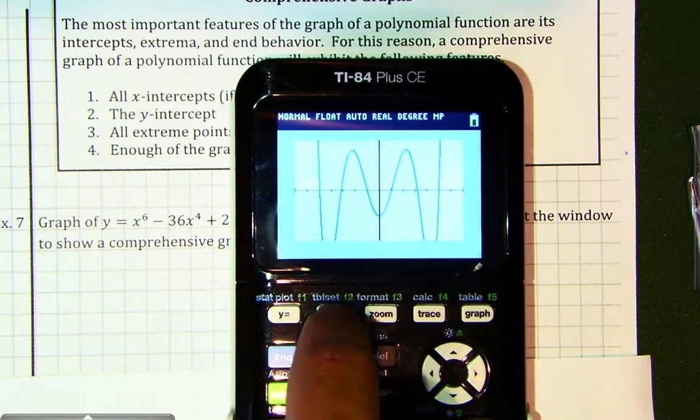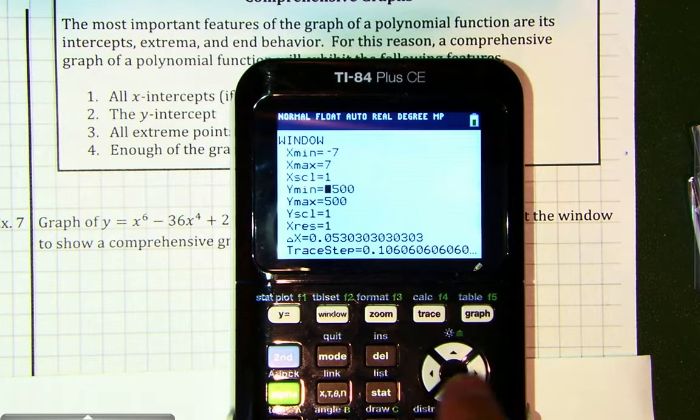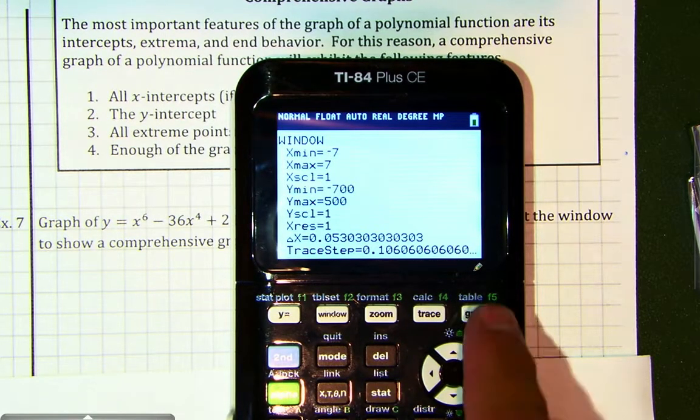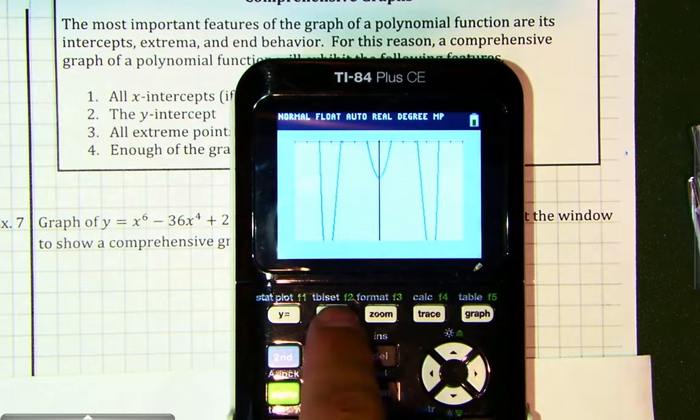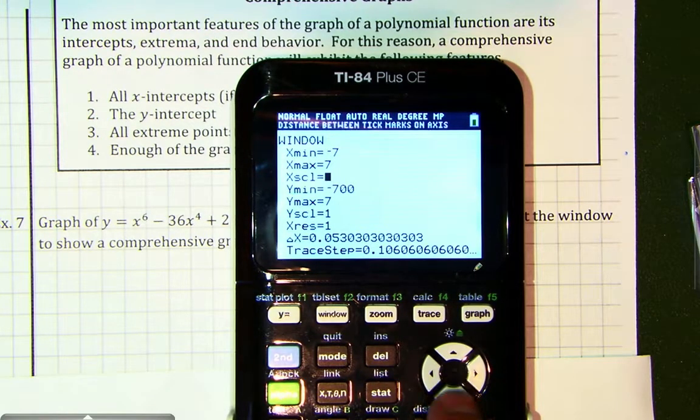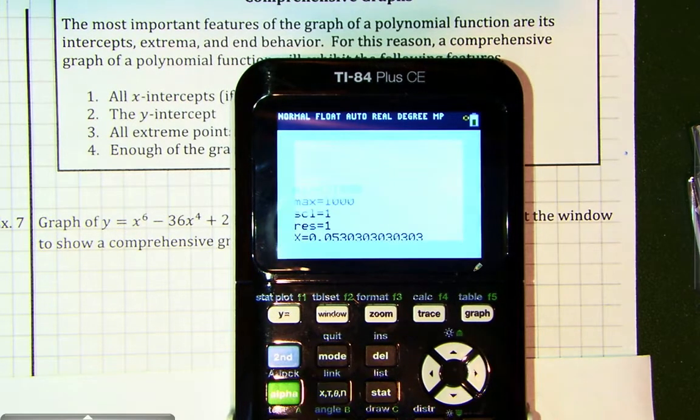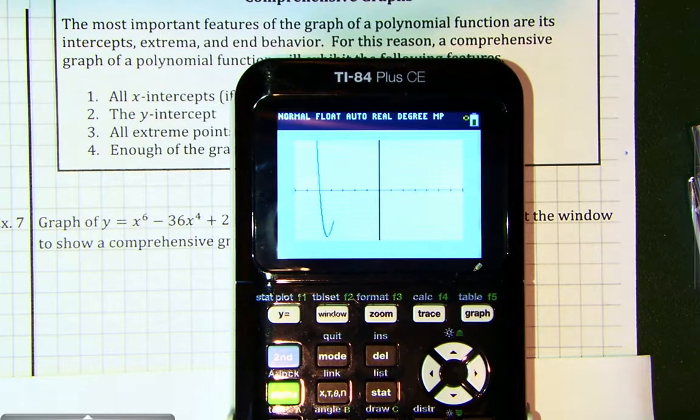So window, we'll do 700. It's still not good enough. So let me do 1,000. Perfect. So now you can see all the shape of the graph. So that's the one that we're going to sketch.